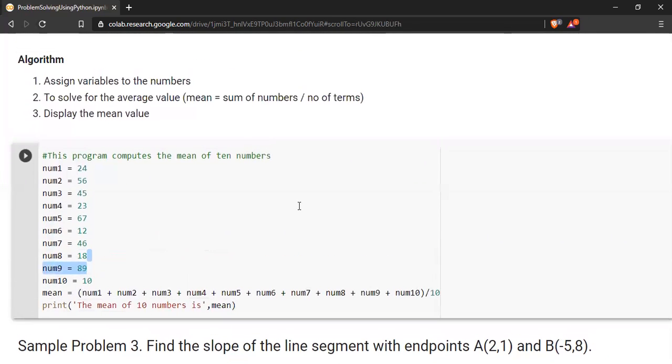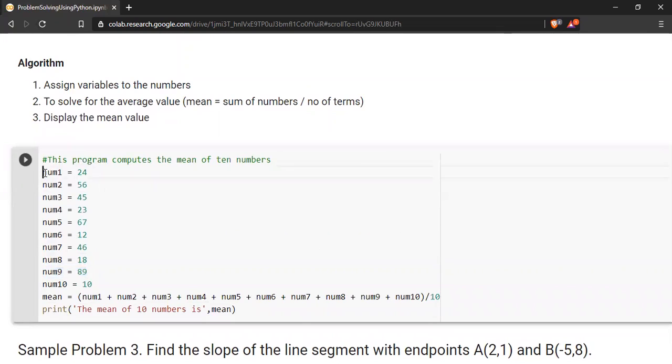Take note, our solution is a long solution. We can actually solve this using a shorter way. But to emphasize basic calculation using mathematics, since we are just doing basic programming, this method can be easily understood by a beginner.